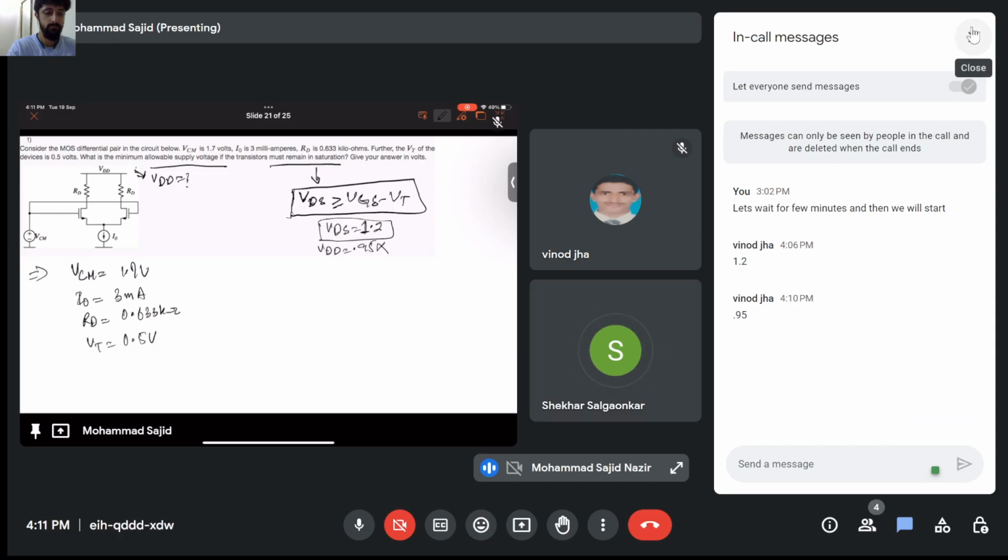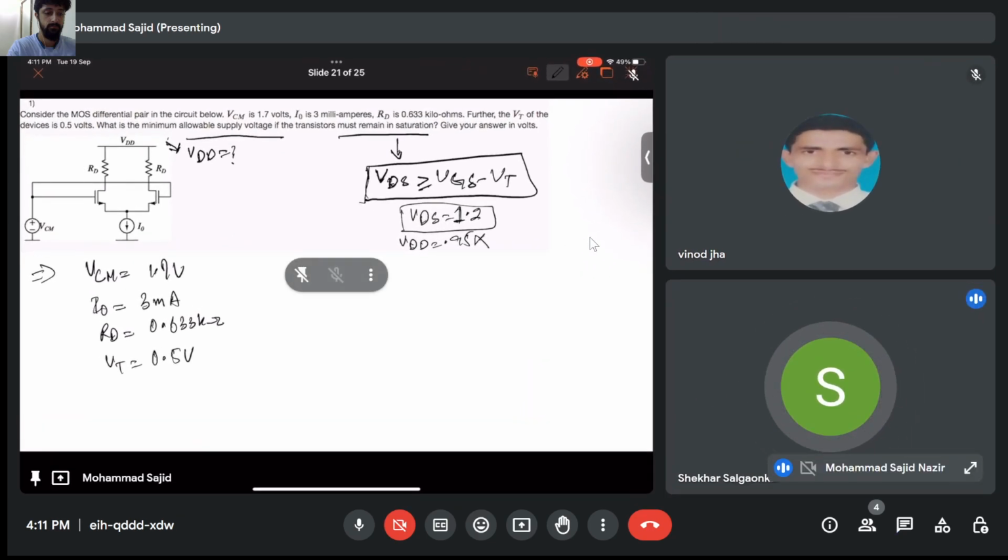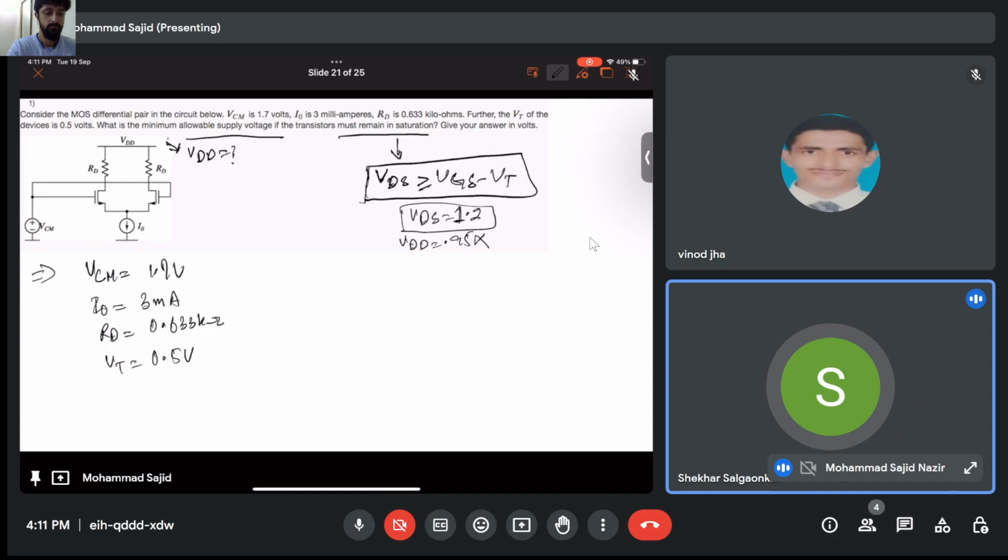It's a simple KVL. You have to check the drop across the resistor, and then that has to be added to 1.2. Now calculate VDD. 2.15. Yes, now it's correct. Let me just solve it myself as well.